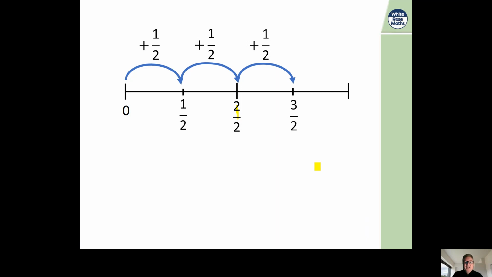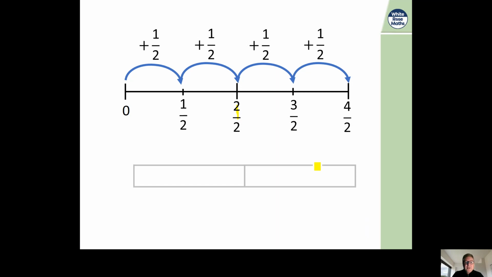How many halves? 4 halves. We wouldn't say 4 halves though.